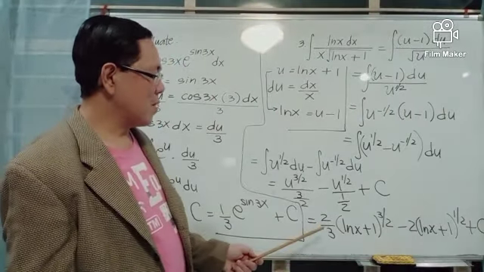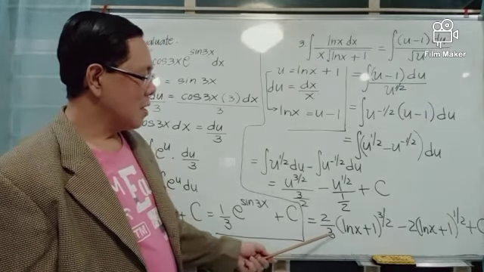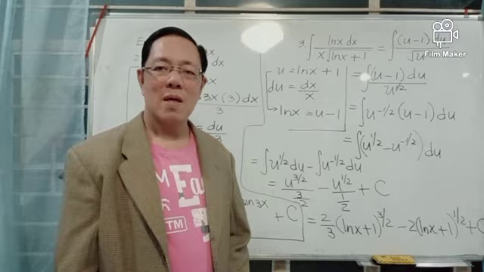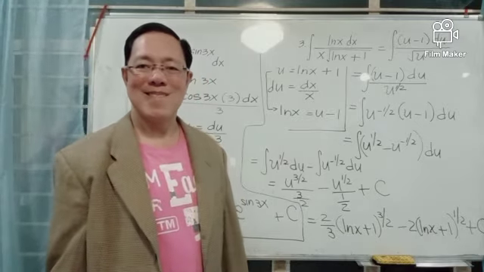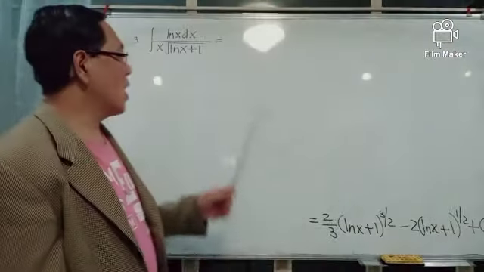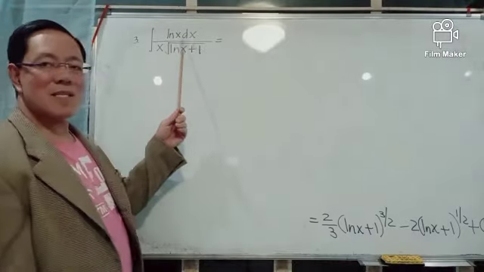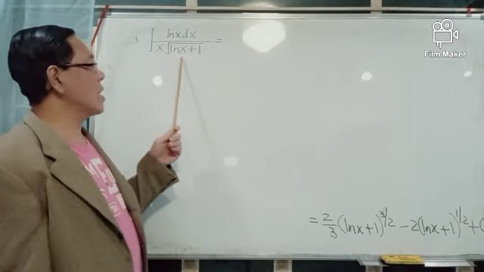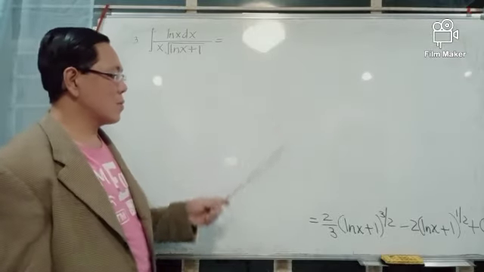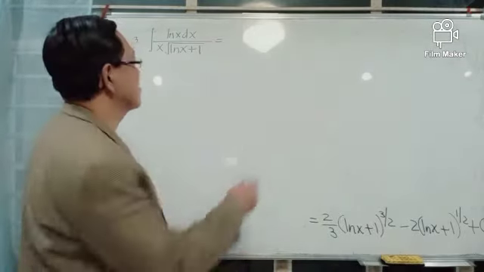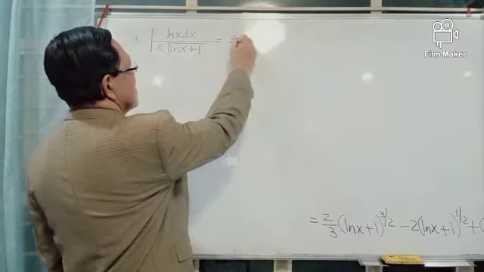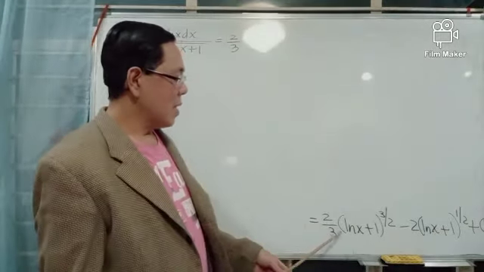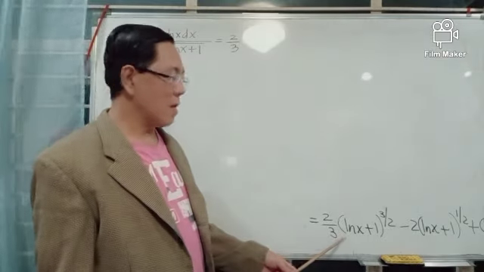And we simplify further each term by writing each term in terms of radical expression. The integral now of ln x dx over x times the root of ln x plus 1 is equal to 2/3, by property of radical.